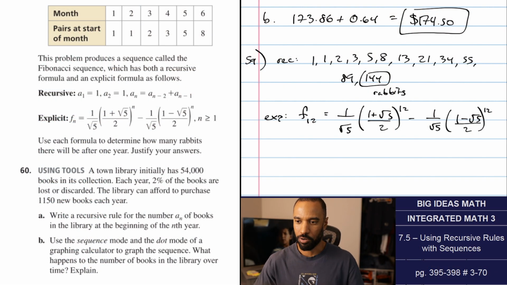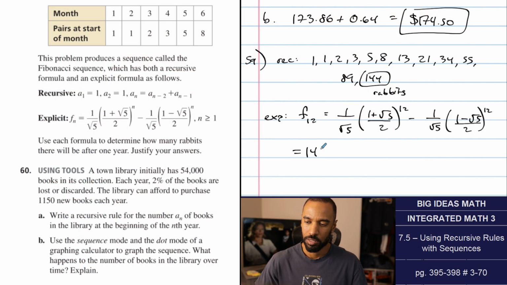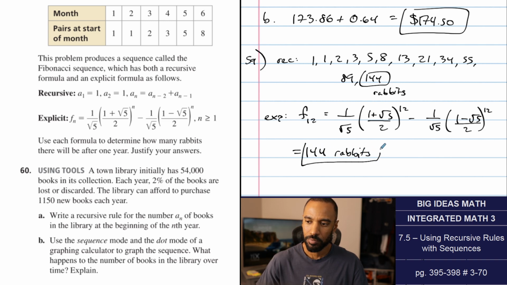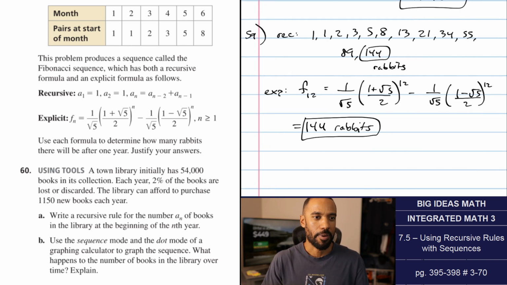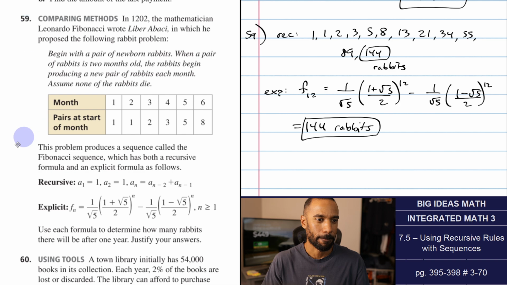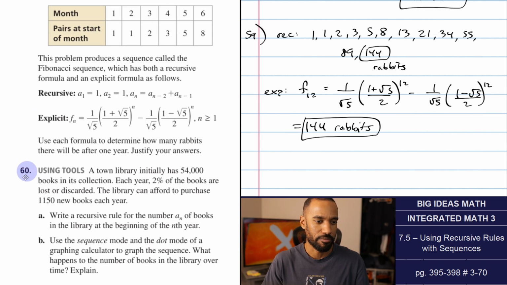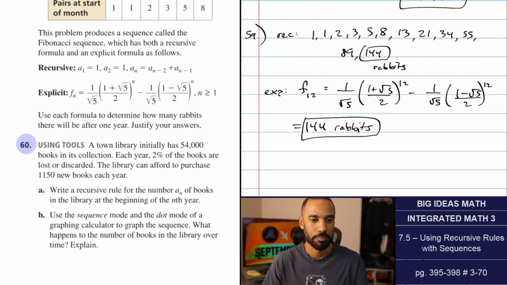Do I get 144? We got 144. All right, so we still got it. So that equals 144 rabbits, assuming none die. That's very cool. I want to look up how that was derived someday. The explicit rule specifically.